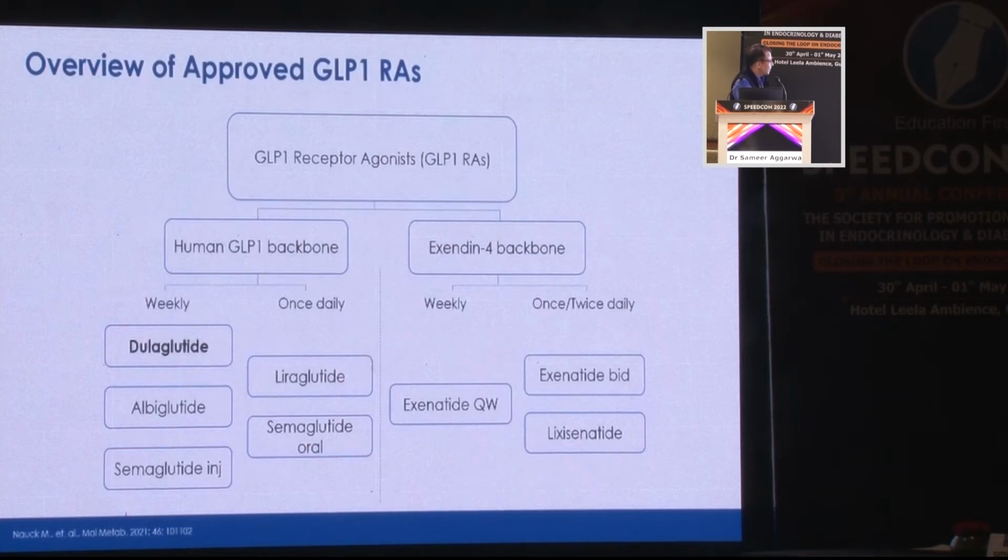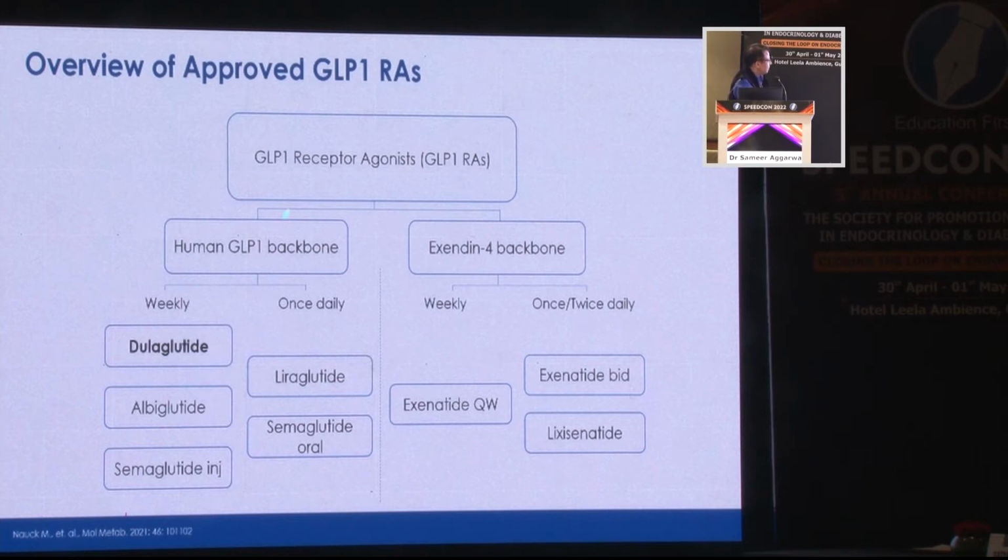So these are the GLP analogs which are approved. Broadly, they can be either human GLP or exendin based GLP analogs. Exenatide is an exendin based GLP analog, and same with lixisenatide, which is available in India.